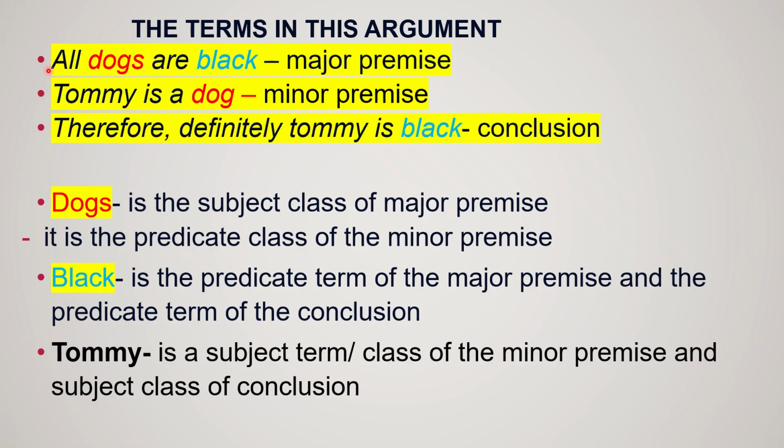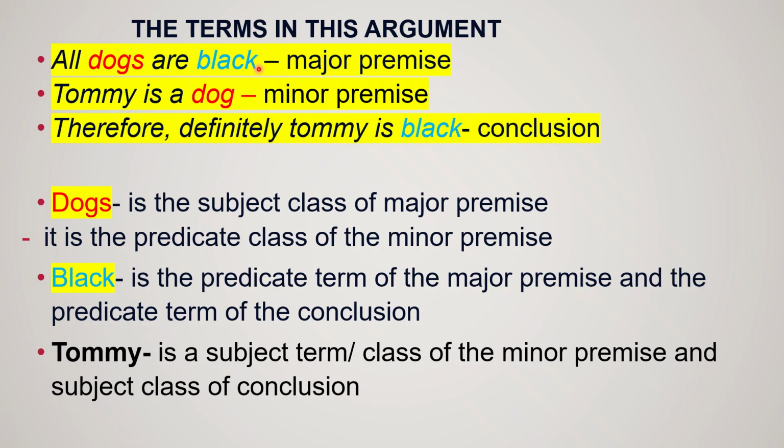For example, we talked about all dogs, that's a general statement, and then you focus on one dog, Tommy, just one dog. Now it is from general to specific, and then you draw a conclusion from the premises. Tommy here is the subject of the minor premise, and is also repeated as the subject in the conclusion.